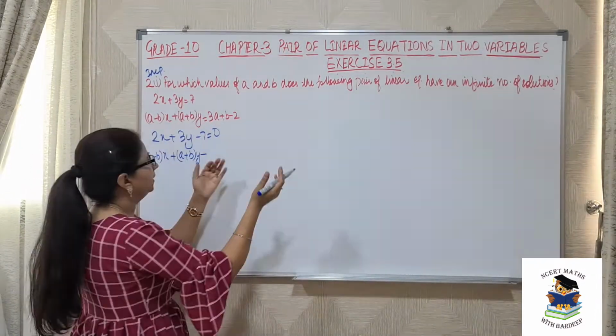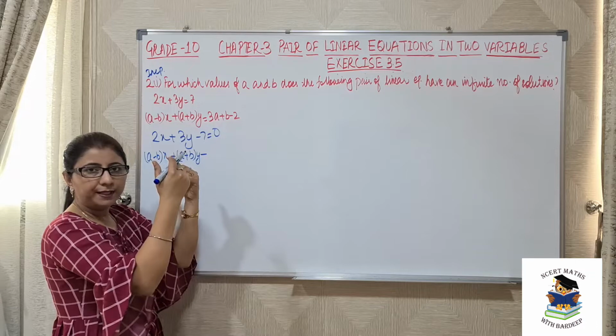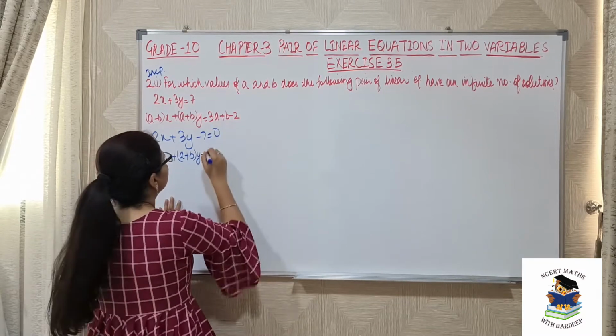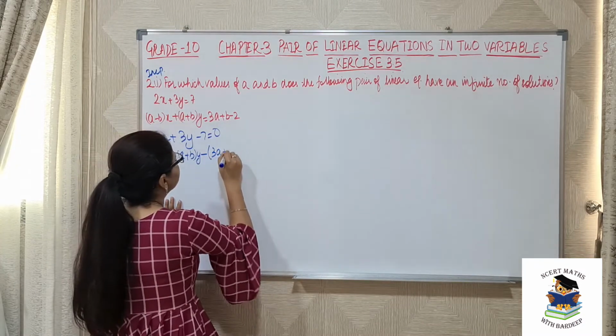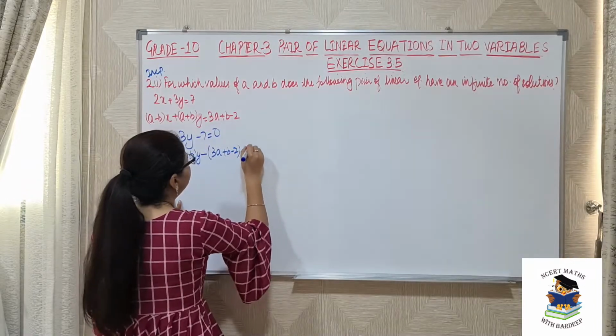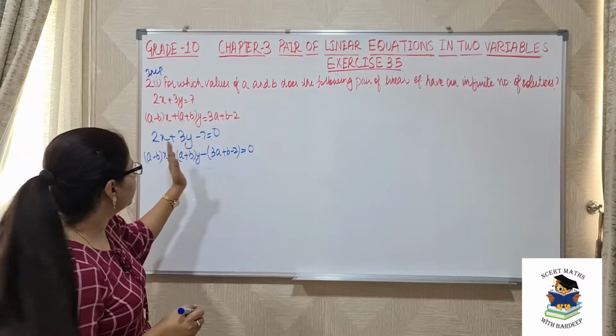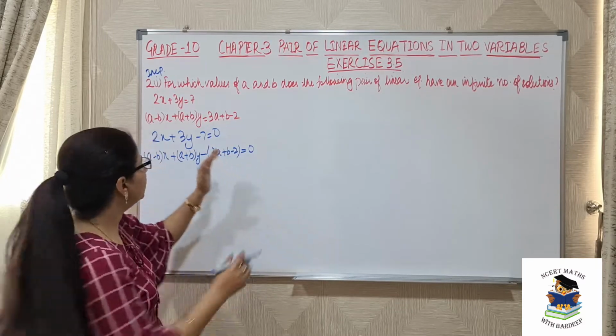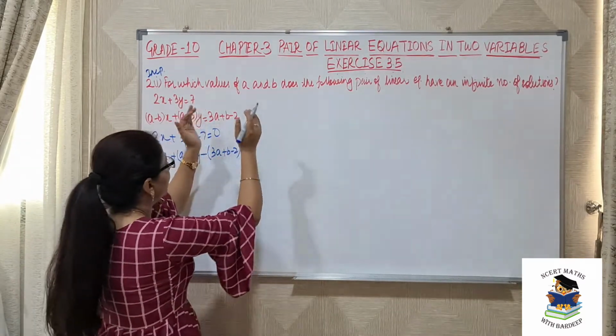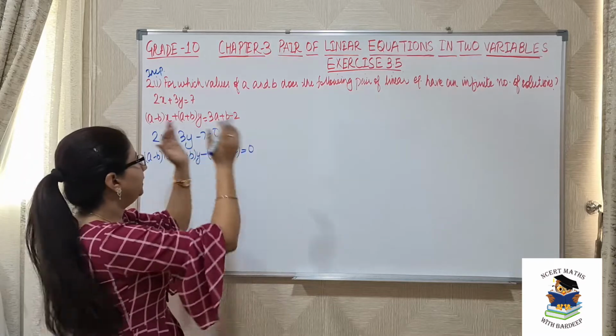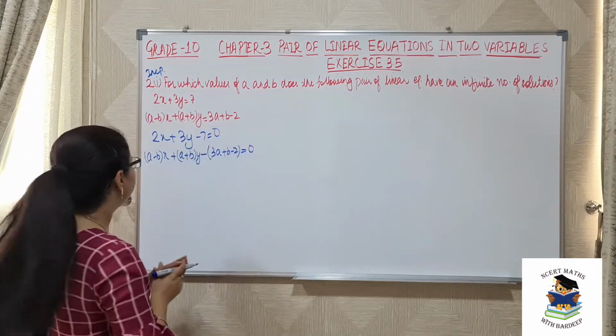So better is put this in bracket before changing the sign. So minus this full term should be put in bracket. Otherwise students make a few mistakes in changing the sign. So better is take this full term as 1, put in bracket and then only shift to left hand side.